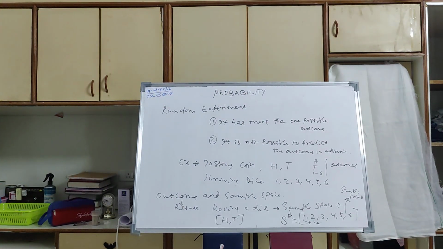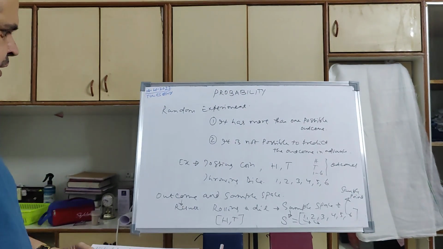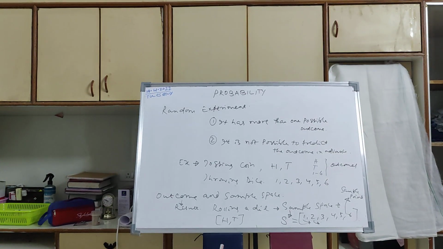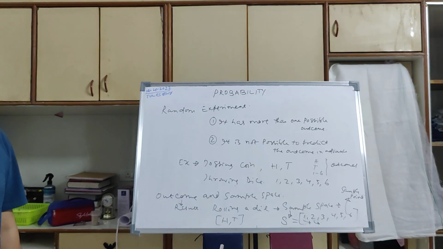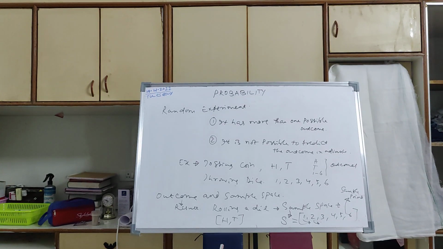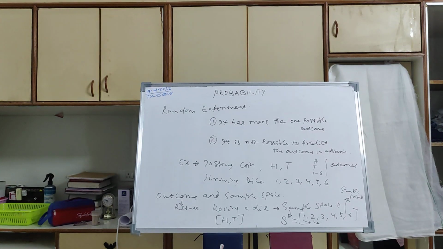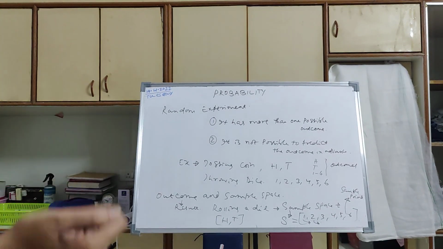Now let us consider one example. We have come across these terms now. A random experiment is something like tossing a coin or rolling a die, where the outcomes are more than one.